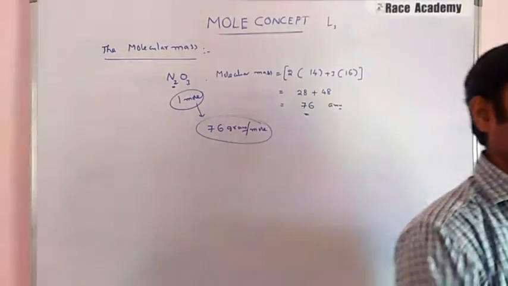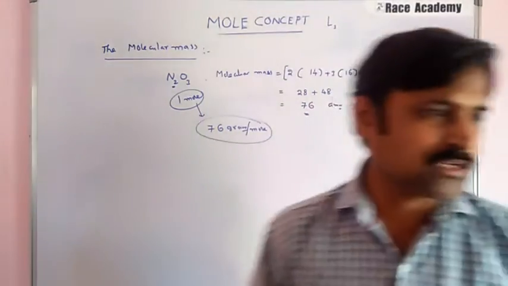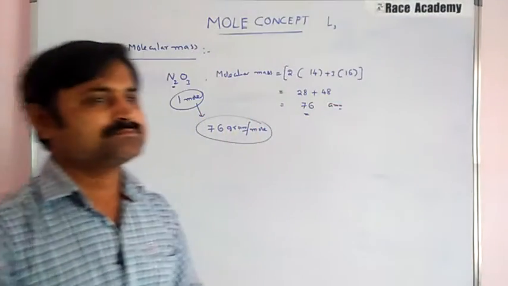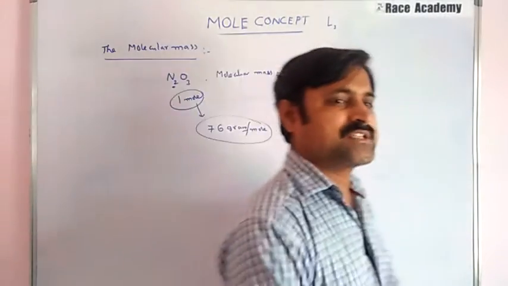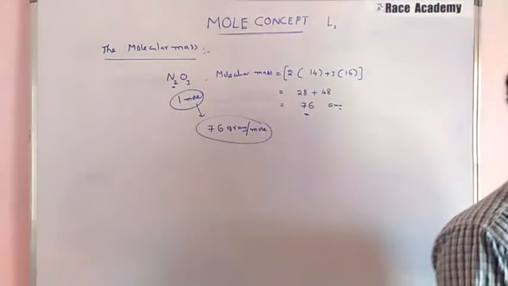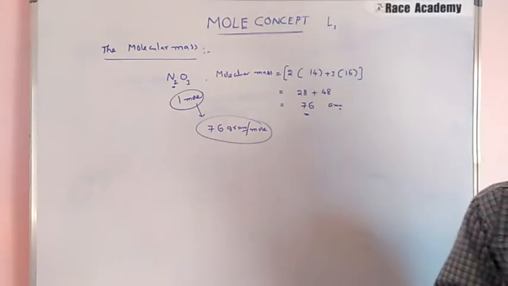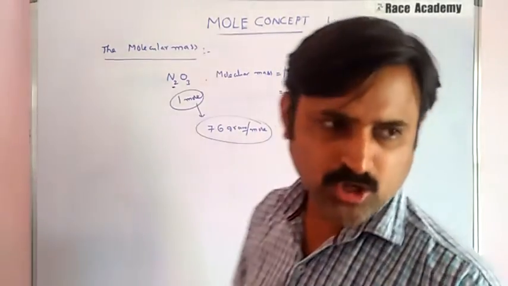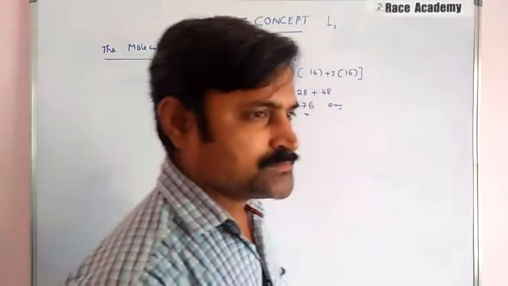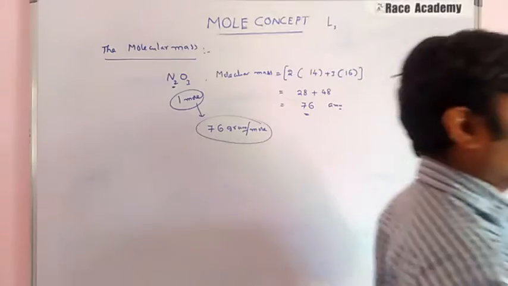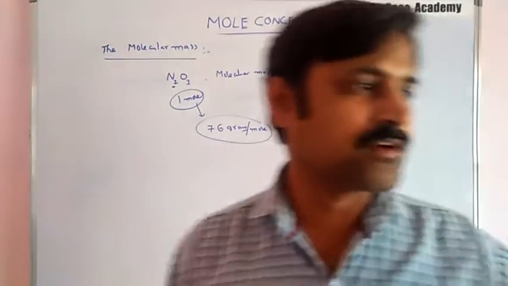In the absence of units, it is the mass relative to 1/12th the mass of the carbon isotope, or the molar mass, 76 grams per mole, should be mentioned. That means all three statements are equivalent: molar mass 76 grams per mole, AMU, and relative mass of N2O3 are all the same in this regard.